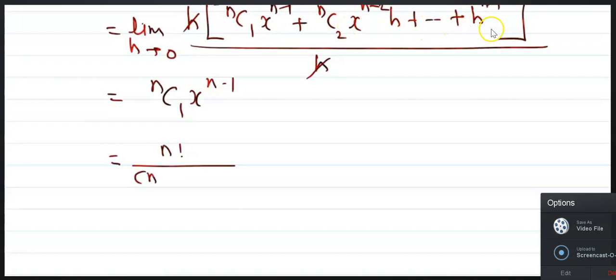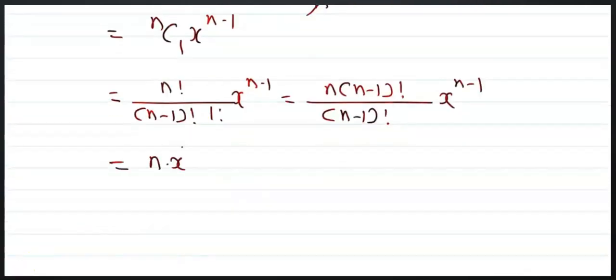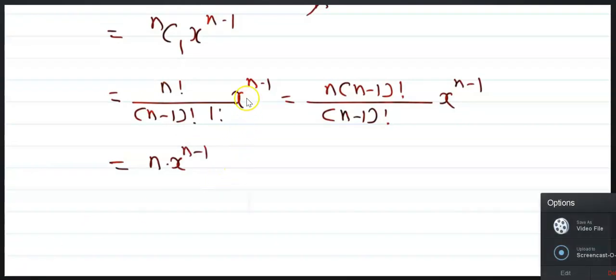This all will become 0, and then what will remain? nC1 x^(n-1). But again, what is the value of nC1? nCr, the formula for nCr is n factorial upon (n minus r) factorial into r factorial, and therefore we will write it like this: n factorial upon (n minus 1) factorial into 1 factorial, x^(n-1).